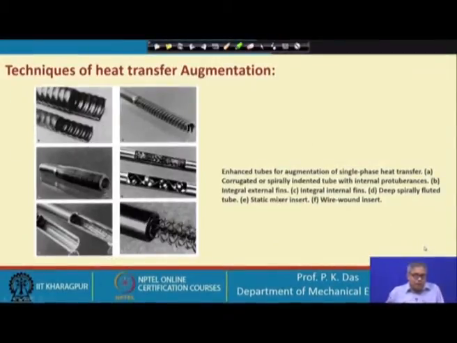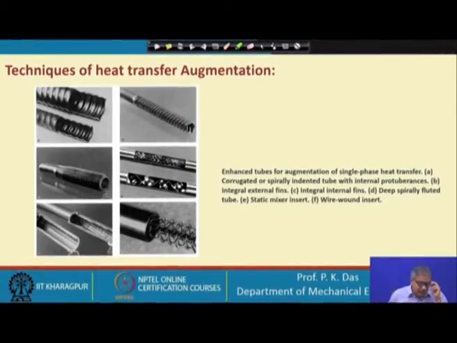Here we have shown techniques for heat transfer augmentation, basically passive augmentation. The first one you see, this is a tube, but the tube surface has been given some sort of a shape, so that the boundary layer is disturbed and gives more heat transfer. In the second one, that is B, there is some sort of microfin over the tube surface.